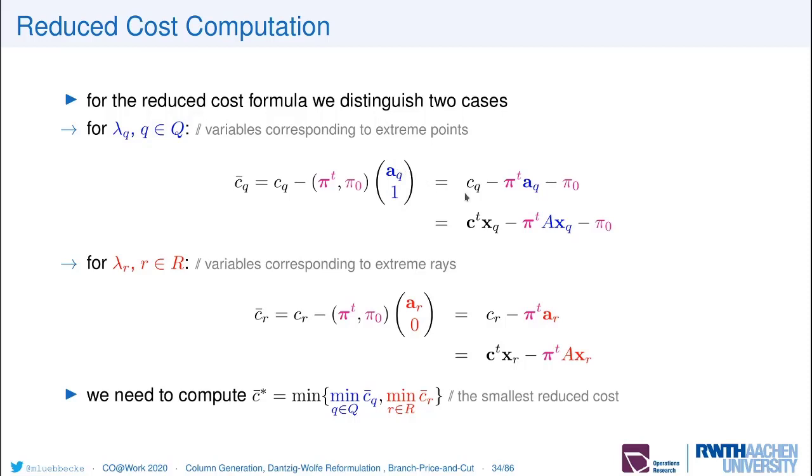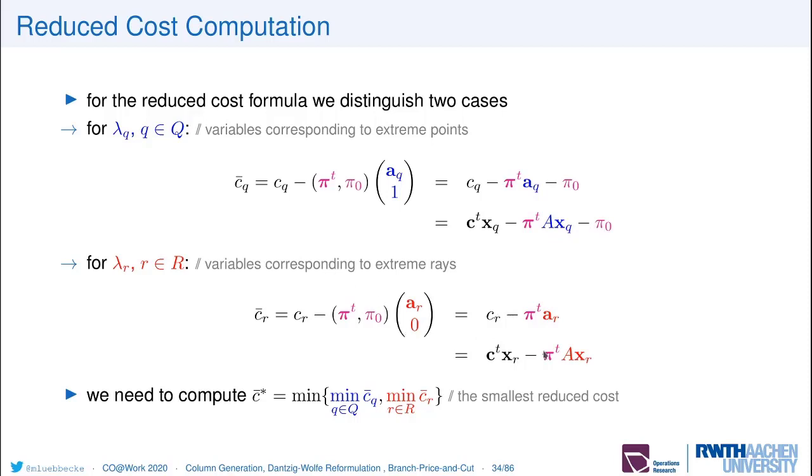And we can even use our definitions of the cost coefficients and the coefficient columns here, that they came actually from original data of the original model. So that was the original cost coefficient times the coordinates of the extreme point. This gives me the cost, minus the dual variable vector times the original coefficient matrix times the extreme point, and here's also a dual variable. Okay, so this is the reduced cost of an extreme point.